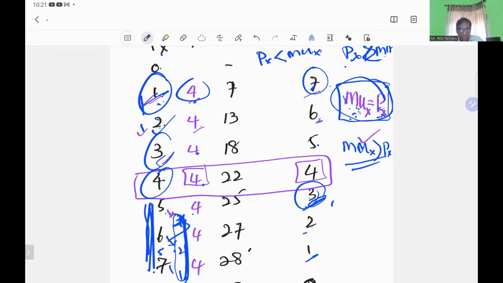Right? You have more money. That's the problem. According to Marshall, according to this diminishing marginal utility, if you are having much gold, you are ready to donate.